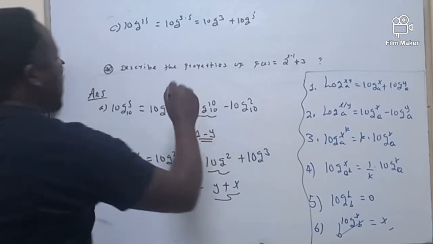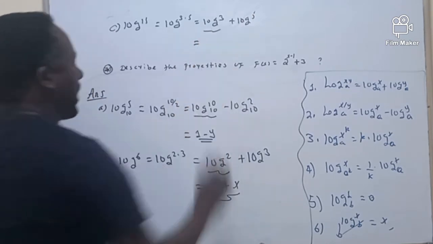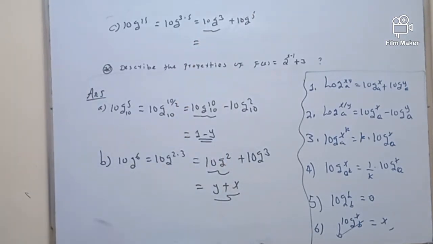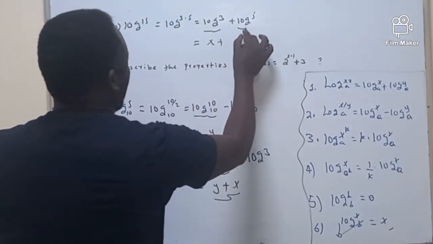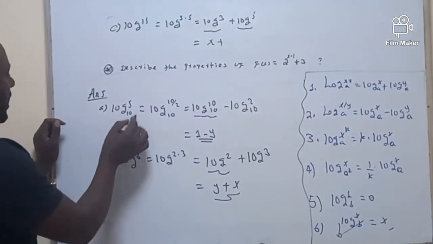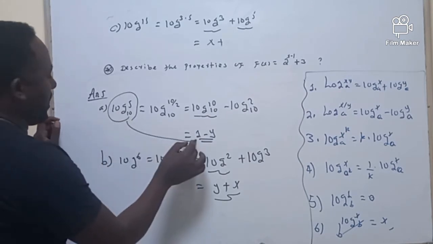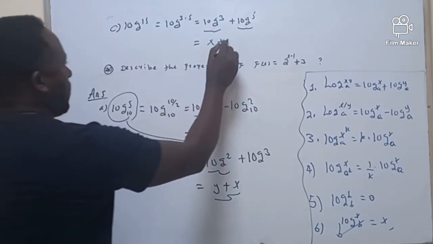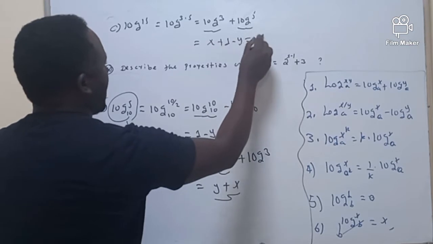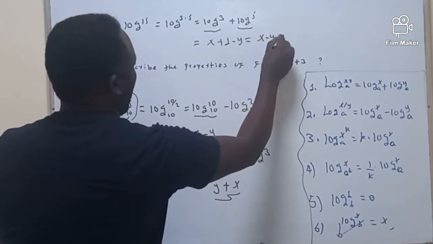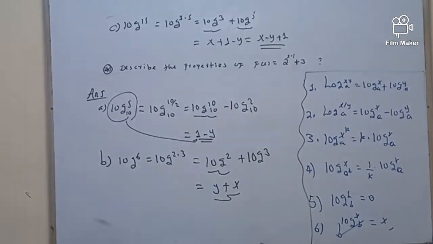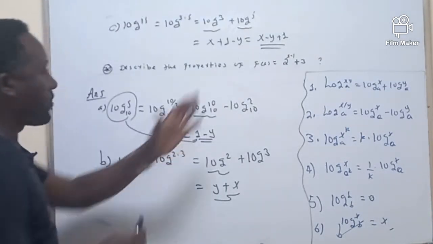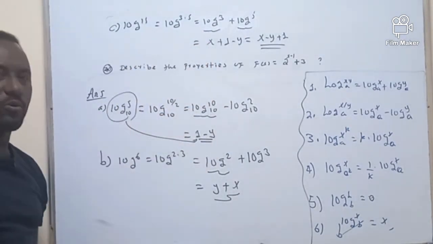What is the logarithm of 3? The logarithm of 3 is obviously x. Plus the logarithm of 5, which is already solved here: 1 minus y. So x minus y plus 1 will be the logarithm of 15. This is an easy, simple way to calculate this one.